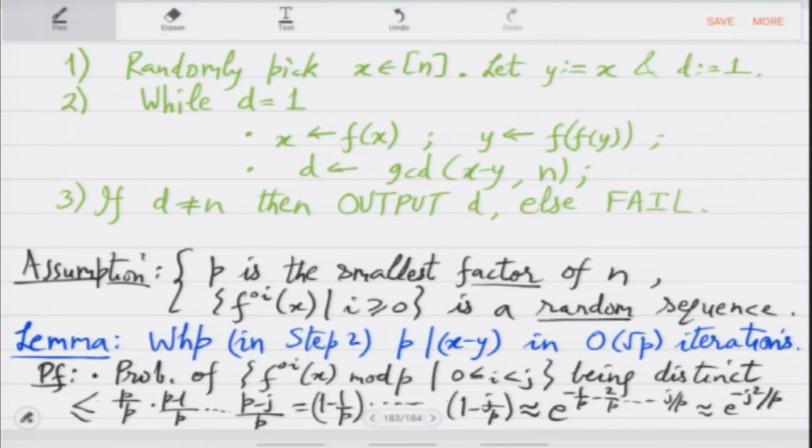That's the probability estimate. So if you take j to be less than square root p by 2 or square root p by 10, then you see that this probability is sufficiently small. So these elements in the random sequence being different mod p is actually low probability. So with high probability there is an overlap.